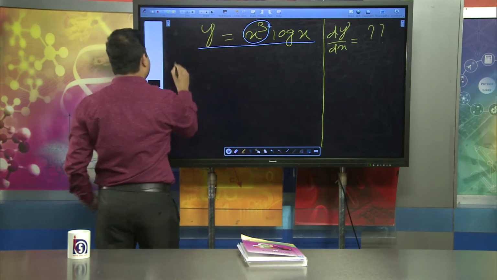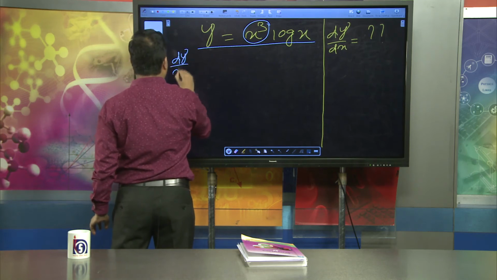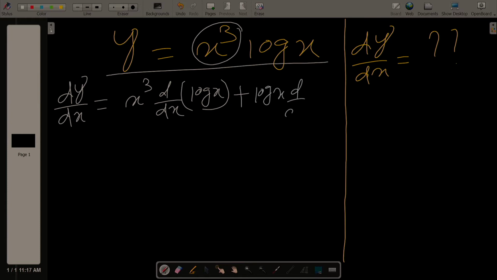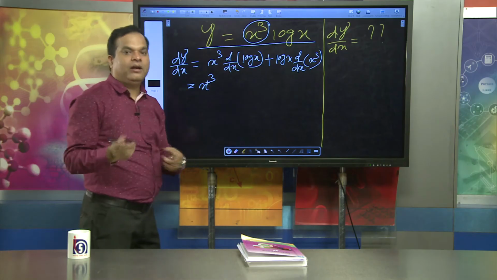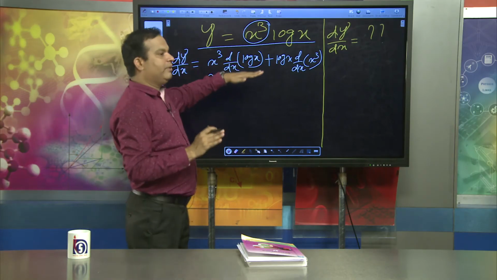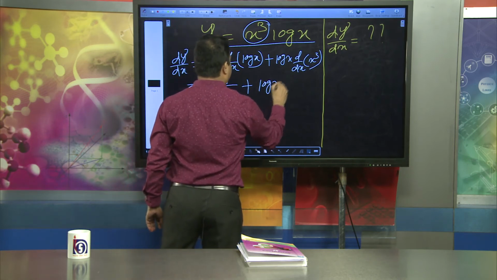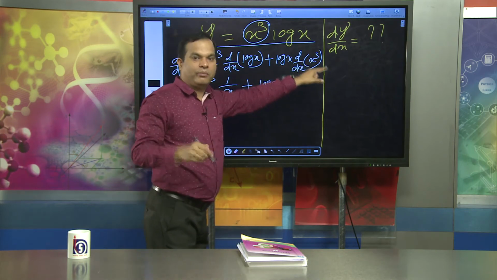That means dy by dx equal to first into d by dx of log x plus log x into derivative of x cube. Now, the derivative of log x, just as we have discussed, is 1 by x, plus log x into the derivative of x cube.